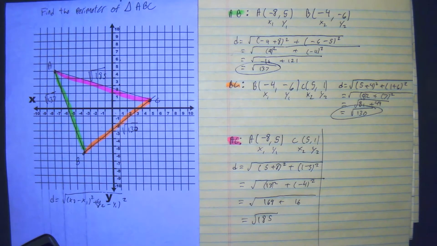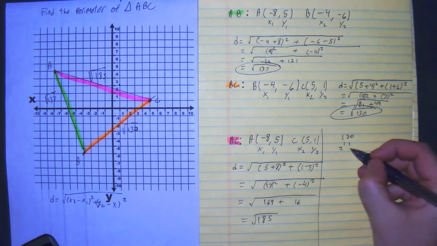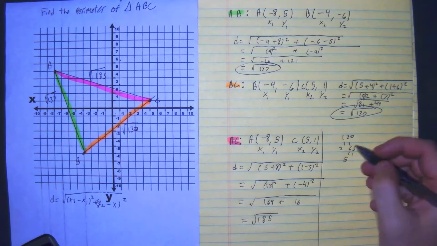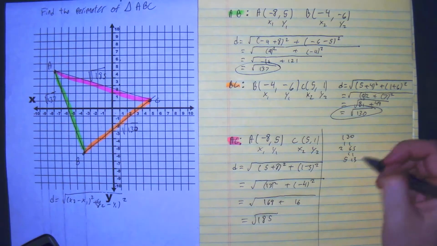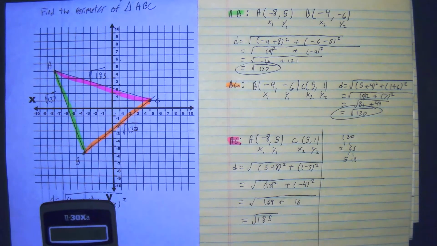So to find the perimeter, you can add them all up. Let's simplify these radicals and see if we can get an exact answer, and then let's get an estimate. So 130 can be broken down to 2 and 65, that can be broken down to 5 and 13. Nope, that can't be broken down at all. 130 divided by 2, divided by 5, yeah. So that's as prime as it gets.